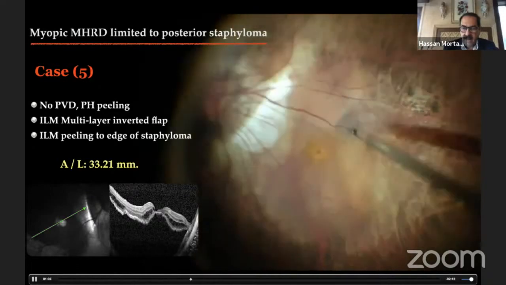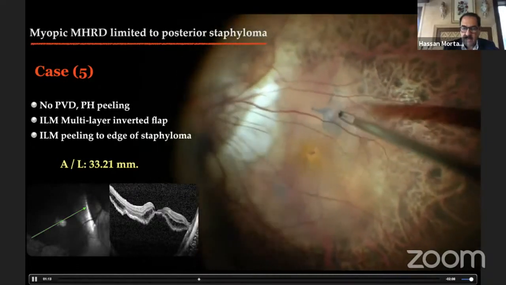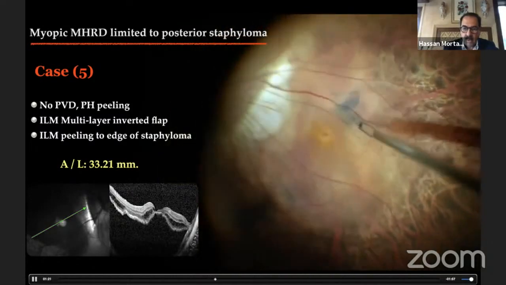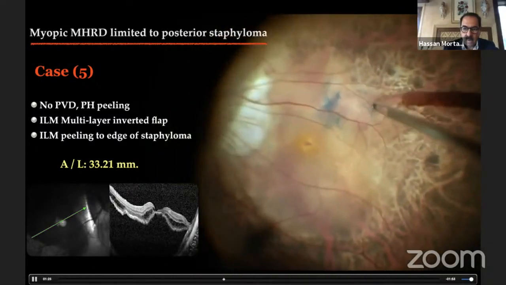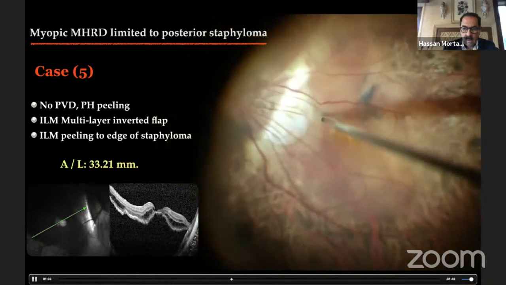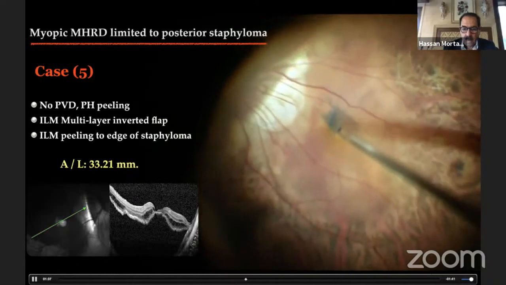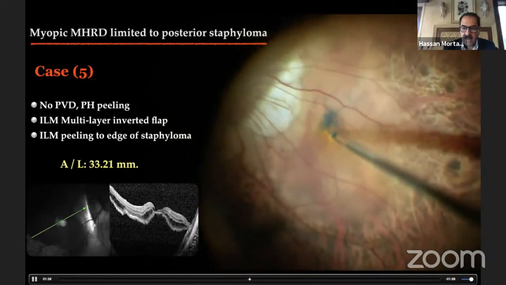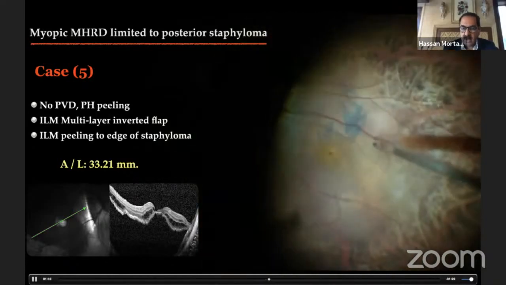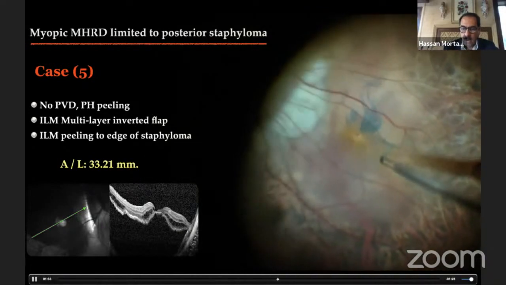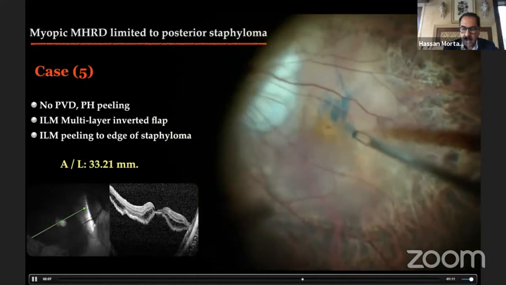And then the ILM was peeled, always working toward the macular hole, until the flap is created, then re-injection of the brilliant blue to augment the stain.